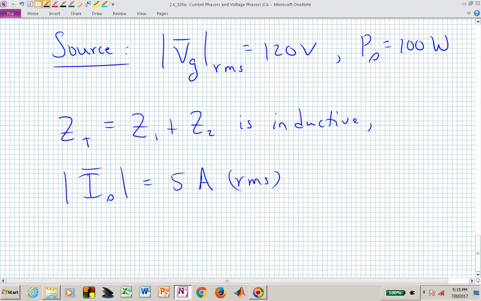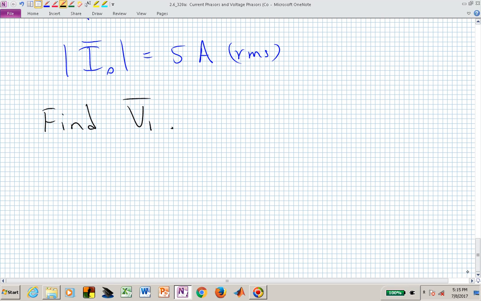So now what do we do? Let me remind myself, since I kind of forgot that before, we want to find the phasor value of Z1's voltage. We were also told that I sub S was the reference phasor.